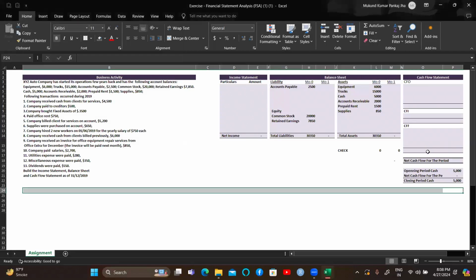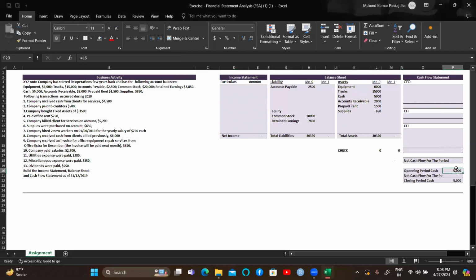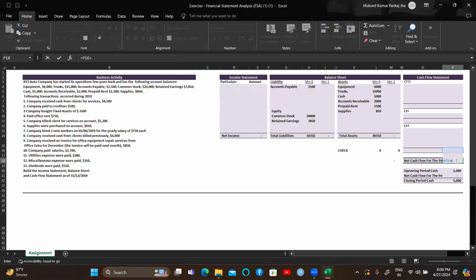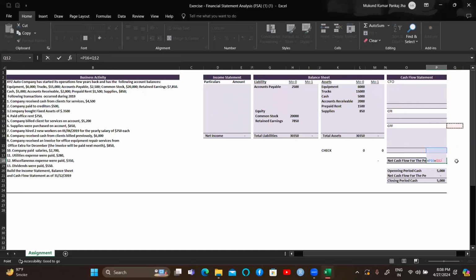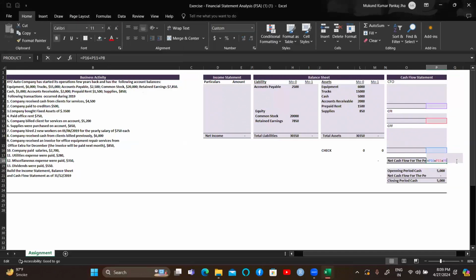Now, this is my net cash flow for the period. Where is this net cash flow for the period coming from? Sum of CFO, CFI, and CFF.